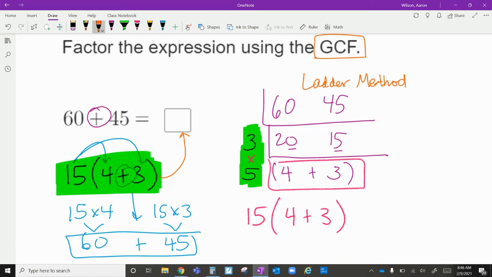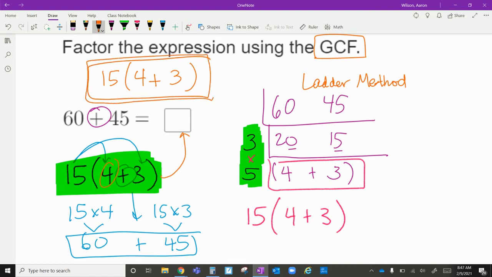And in this case, the greatest common factor was 15. So we factor out our 15 by doing 60 divided by 15, which we ended up getting 4. 45 divided by 15 as well, and 45 divided by 15 was 3. So this is the answer that goes inside that box.